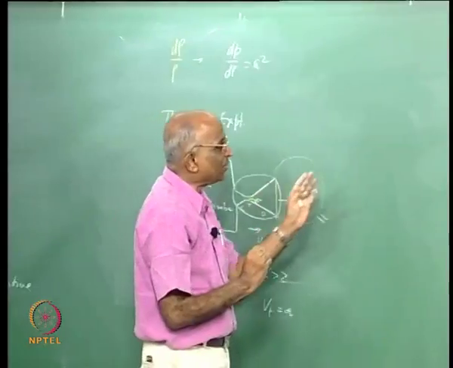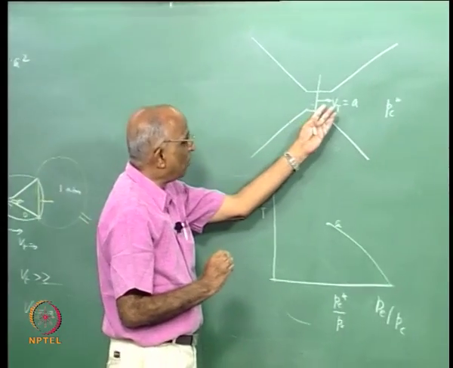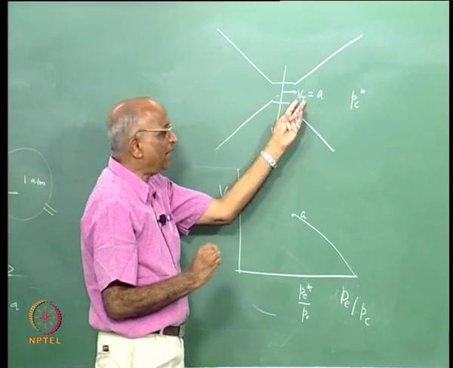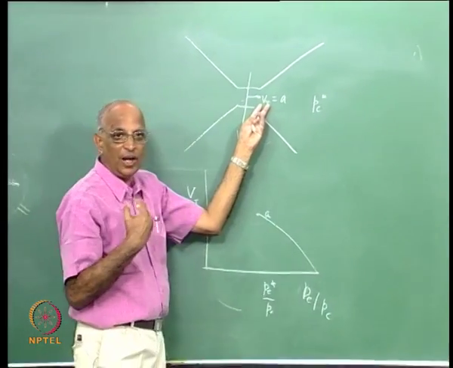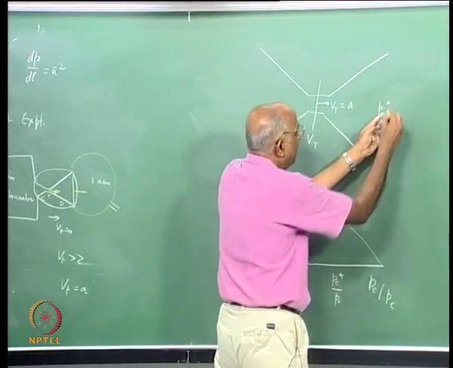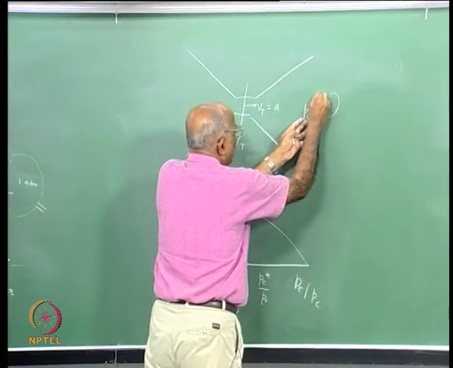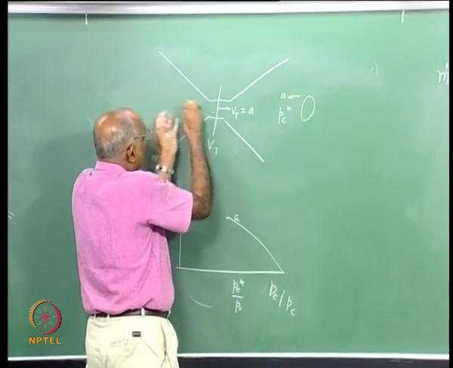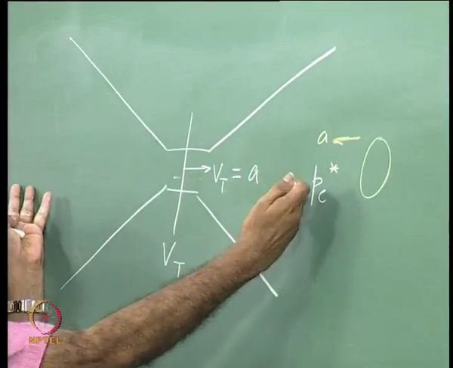Now, when the stage comes when the velocity at the throat is equal to the sound speed, you know how information travels, I talked to you, it travels at the speed of sound. Any information here is traveling at the speed of sound, and this sound tells the chamber that I want something more.